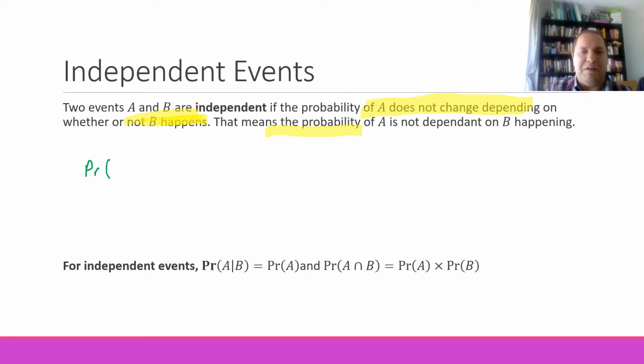So our probability of A happening if B happens as well, that's our probability of A and B happening over our probability of just B happening.